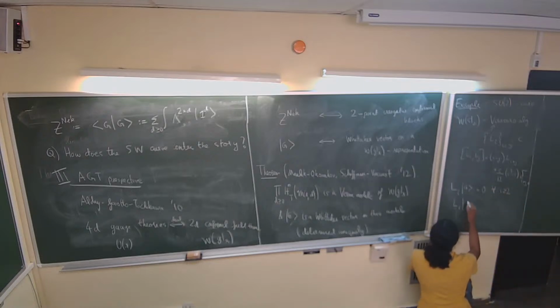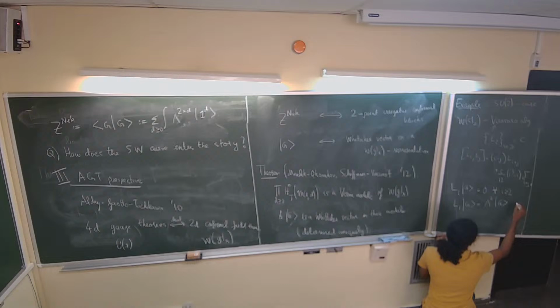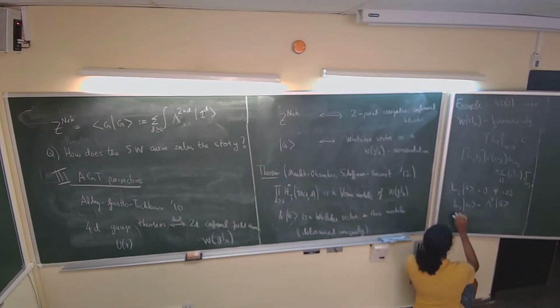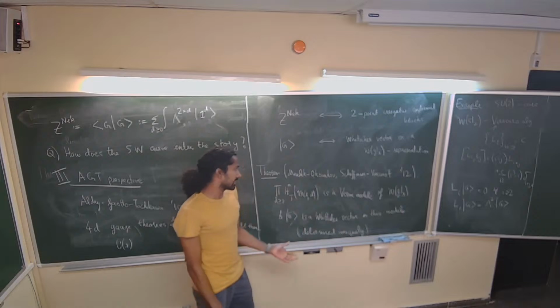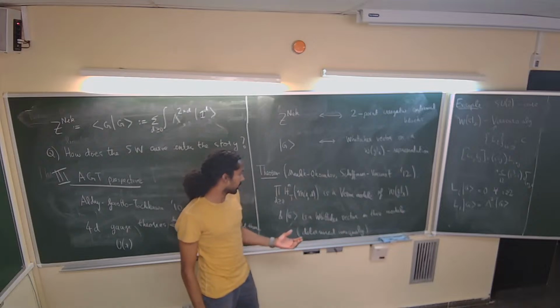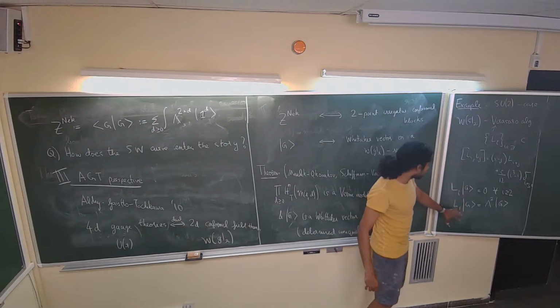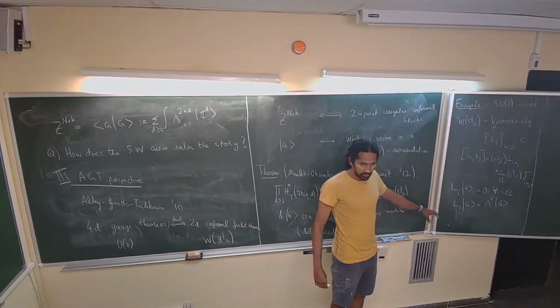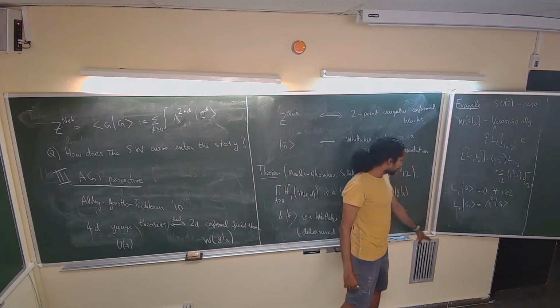And L_1 acts diagonally by lambda squared. This is how L_i acts. You should see this as a slight generalization of the highest weight state. The highest weight state would just be killed by all the positive modes of the Virasoro algebra, so everything that's at least 1.